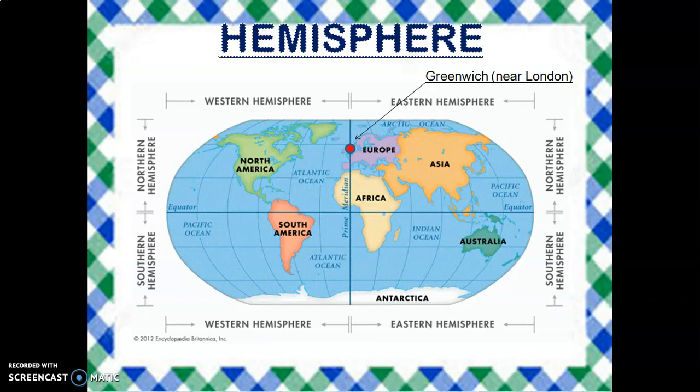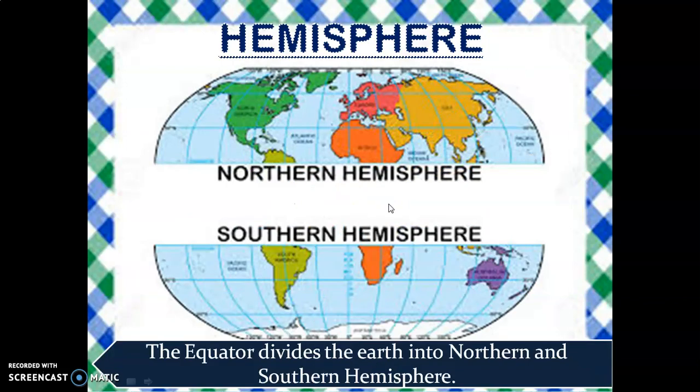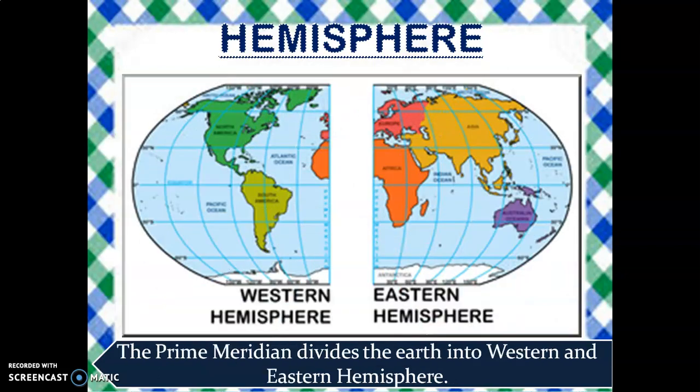Similarly, if we refer to the prime meridian, the part of the earth to the west of it is the western hemisphere, and the part of the earth to the east of it is the eastern hemisphere. This is how it will look. The equator has divided the earth into northern and southern hemispheres, and the prime meridian has divided it into western and eastern hemispheres.